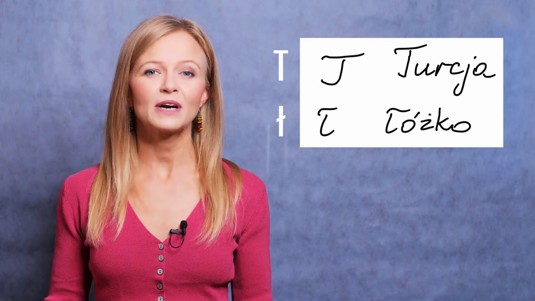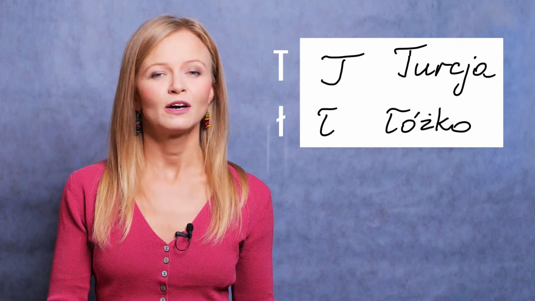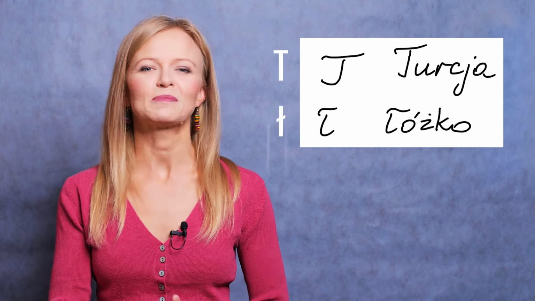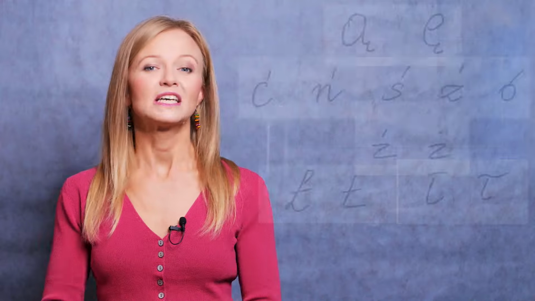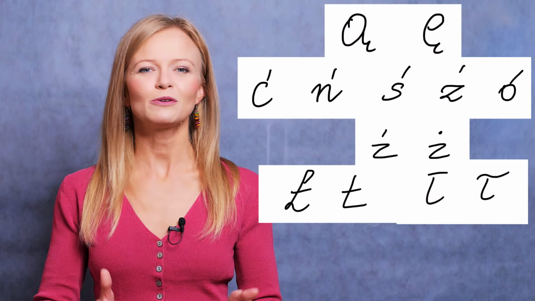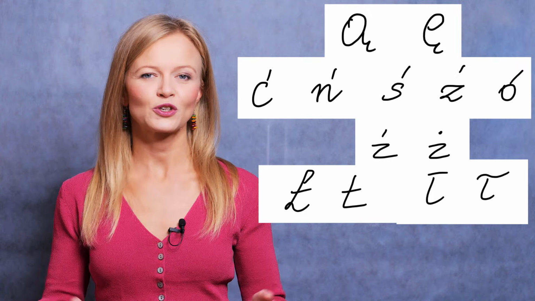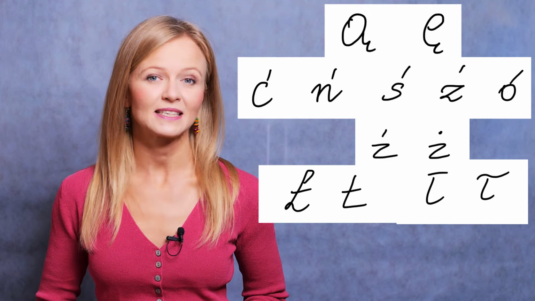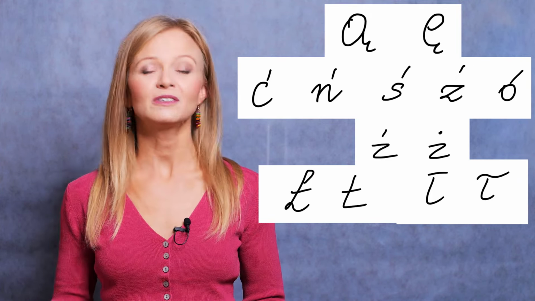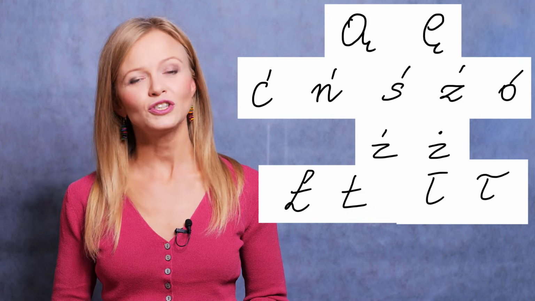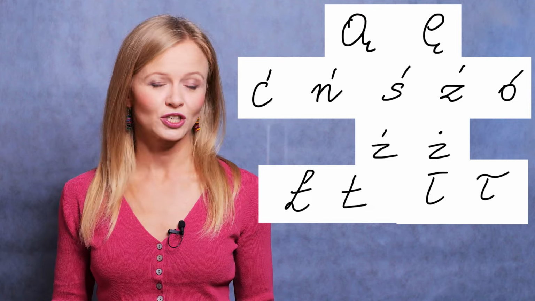So to differentiate capital T from small ł, write it like this. So now you know how to handwrite Polish letters with diacritics. ą, ę, ć, ń, ś, ź, ó, ż, ł.